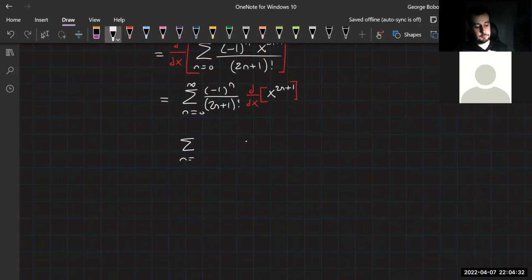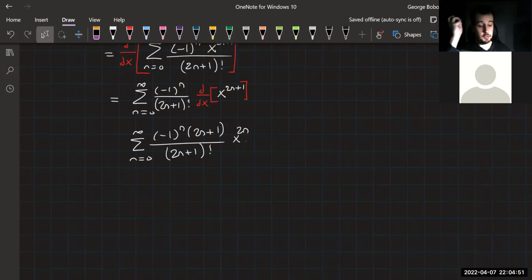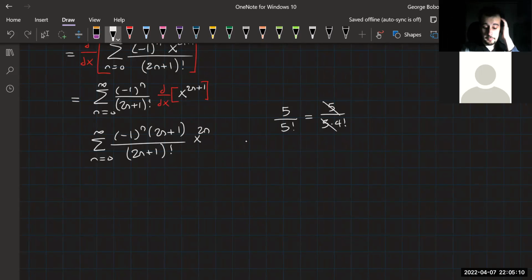Would it be 2n plus 1 into x to the power of 2n? 2n plus 1 will come down. Yeah, you're dividing by 2n plus 1 factorial. Okay, and then you have x to the 2n remaining. So here you have 2n plus 1 over 2n plus 1 factorial. It's like having 5 over 5 factorial. 5 factorial, I've used this trick before. 5 factorial is like 5 times 4 factorial. I've used this trick before.